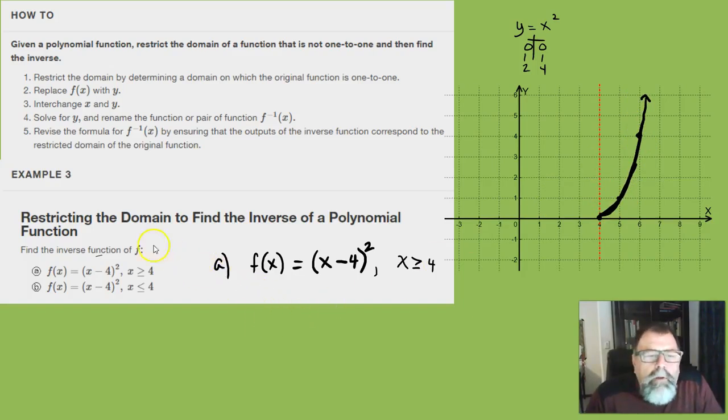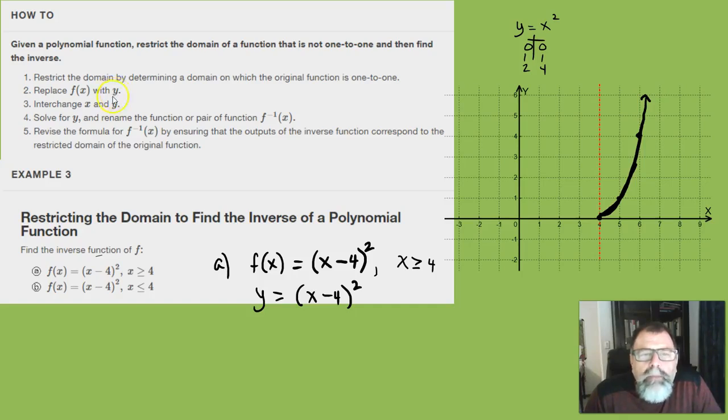And then we didn't have to do the graph, I was just showing you that. It says restrict the domain, find the inverse. So it's already restricted for us. We're going to replace f of x with y.